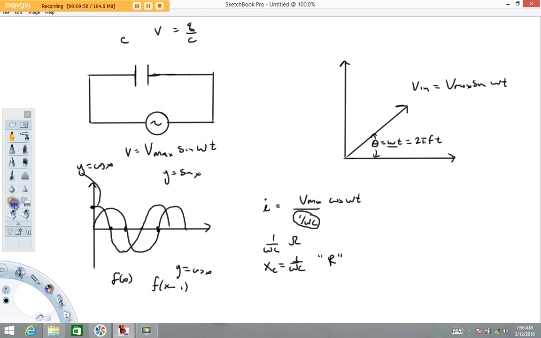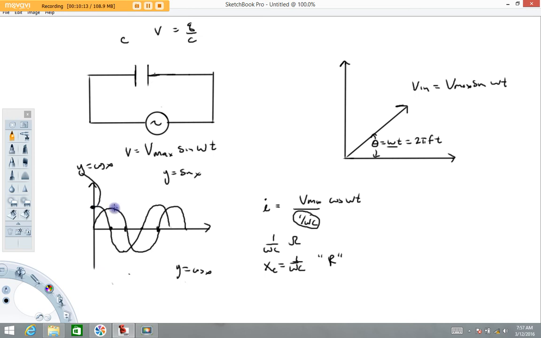So what we're going to do is apply that concept here. The difference between these two graphs, you'll notice if I move this one over to here, they would be exactly the same curve. So the cosine and the sine have exactly the same shape. The only difference is a horizontal shift.